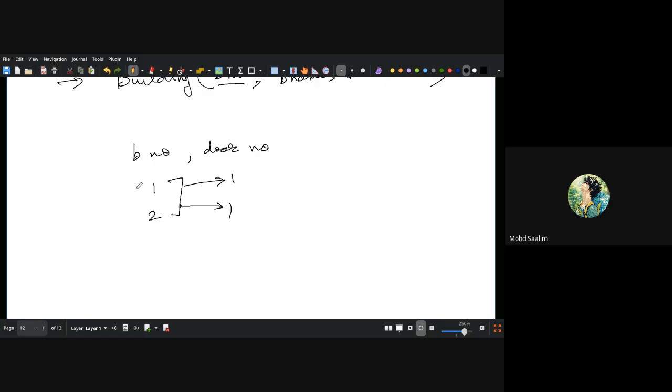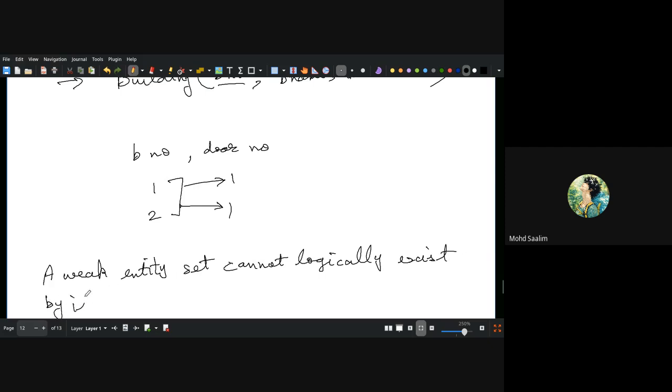So please remember this fact. Sometimes it is also asked in exams. A weak entity set cannot exist by itself. I am also writing it here. A weak entity set cannot logically exist by itself.